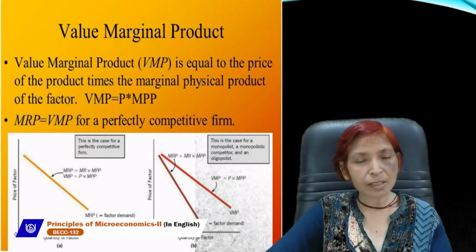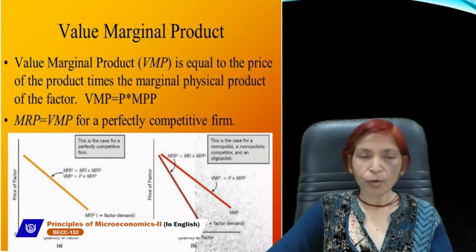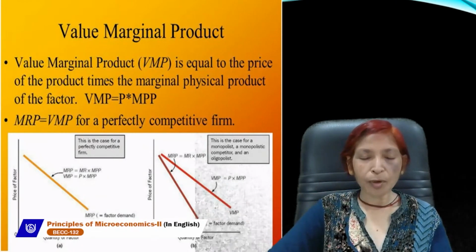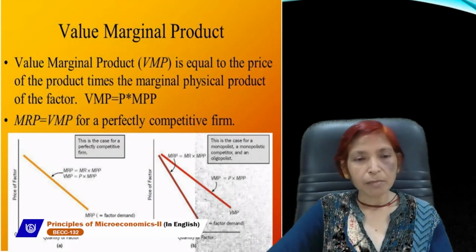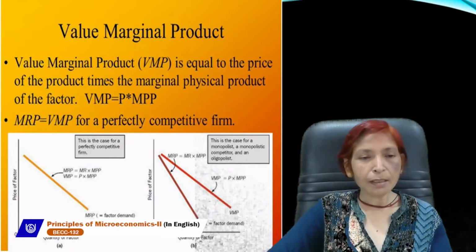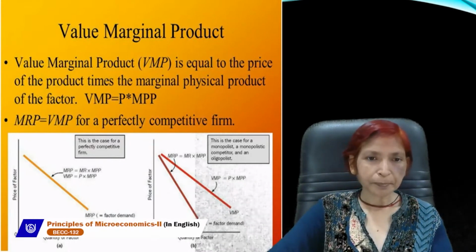As we discussed in yesterday's session, there are three types of production. One is marginal physical product. Second is marginal revenue product. Third is value of marginal product.